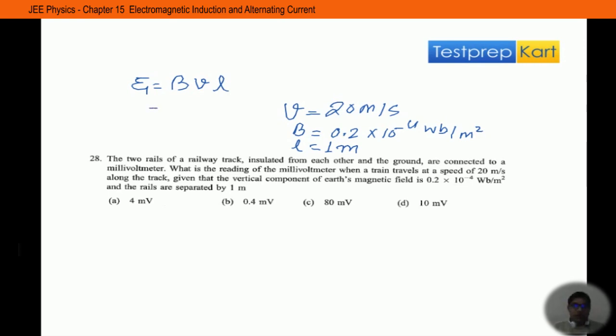From here we get 4 into 10 to the power minus 4 volt, or converting the unit, it is 0.4 millivolt. So option B is right for question number 28.